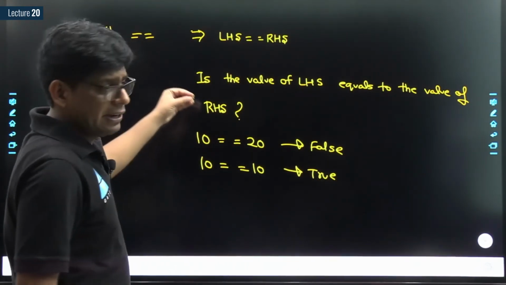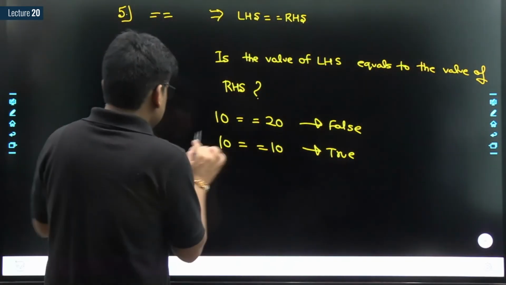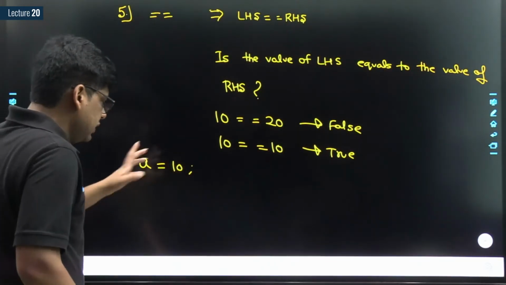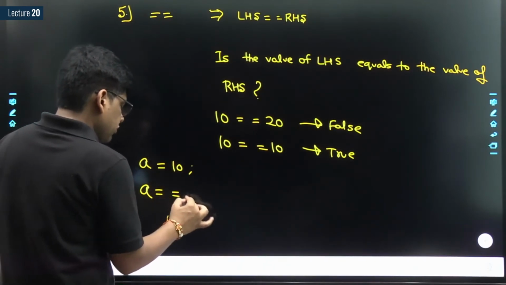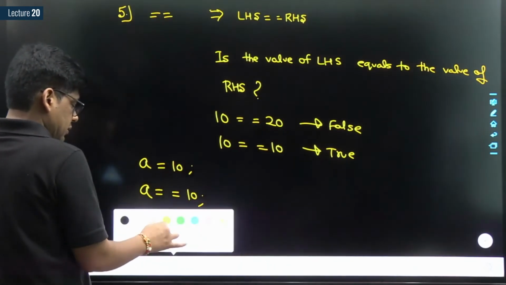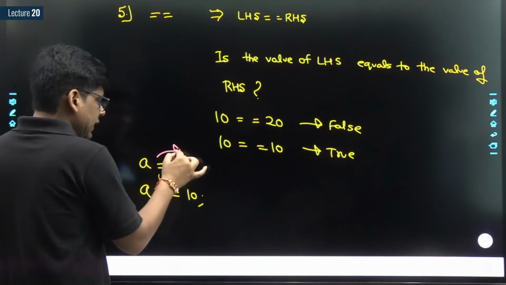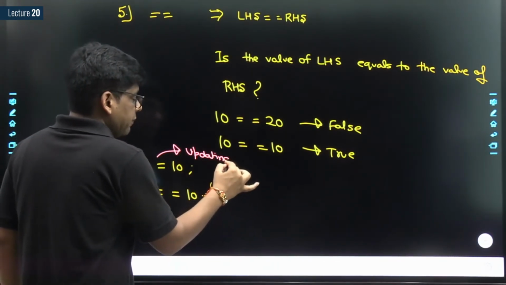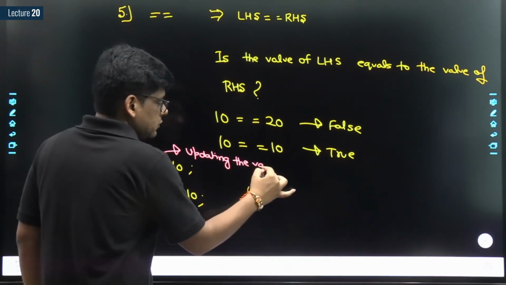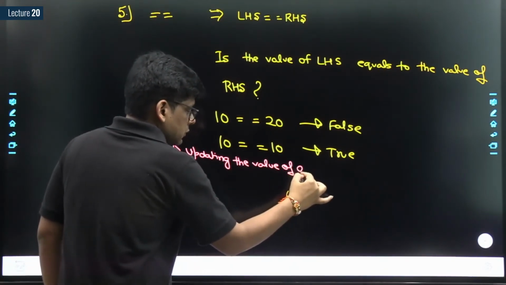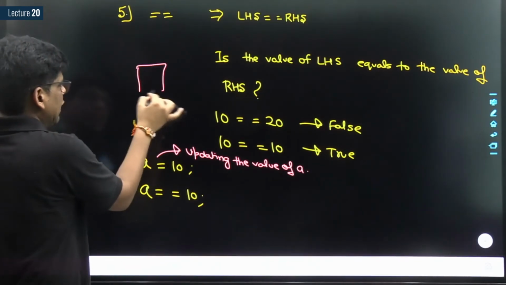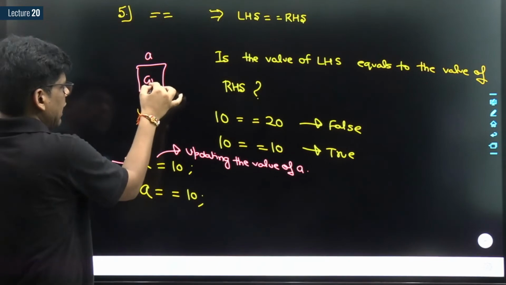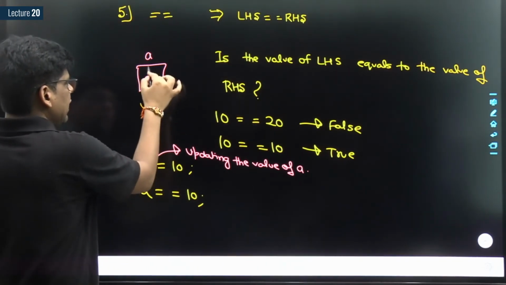As simple as that. See, don't confuse this with this. Sir, are we comparing here? No. We are updating the content of A. No matter what is the value inside A, let us suppose some garbage value, we are updating it to 10.